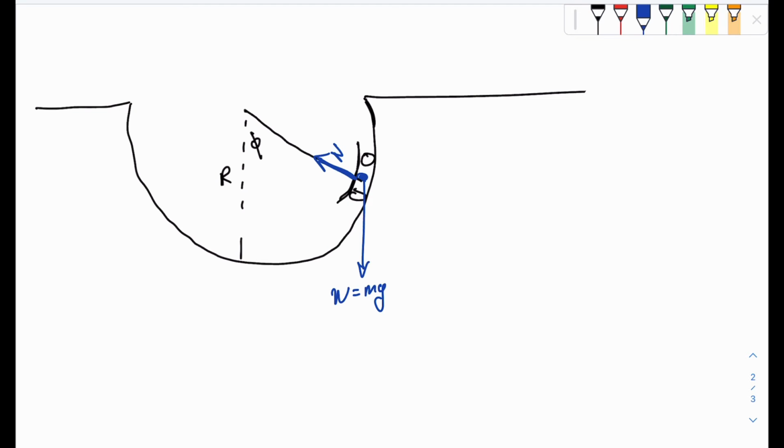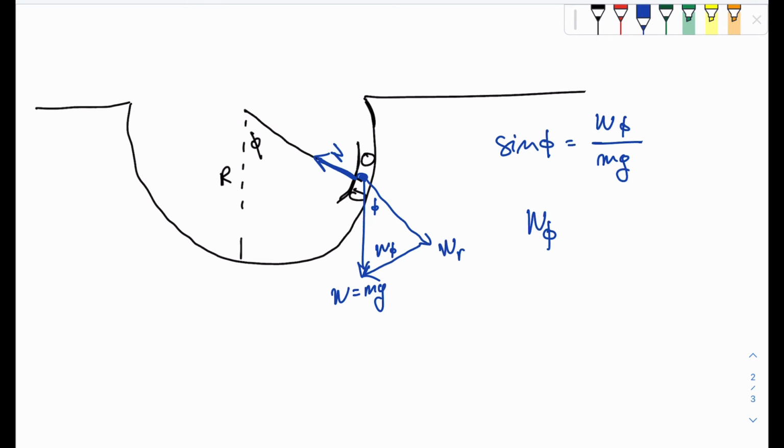a frictional force. The next thing that we have to do is to decompose the forces in the radial direction and in the rotational direction. Here is the angle phi. We can find that sine of phi is equal to the weight in the phi direction over mg.